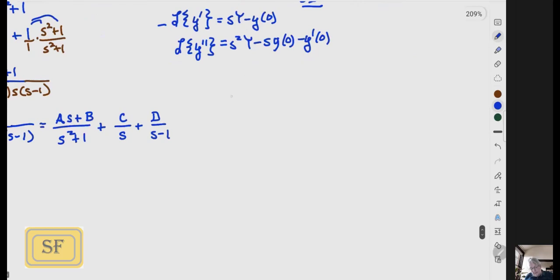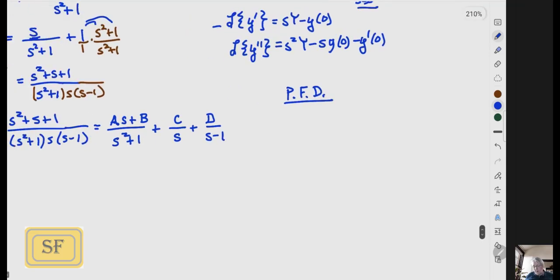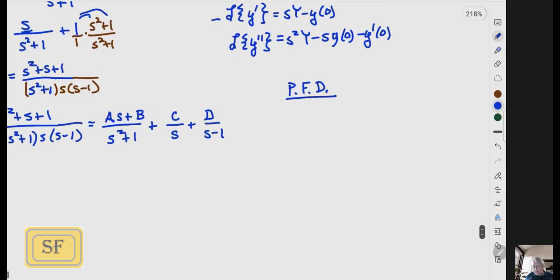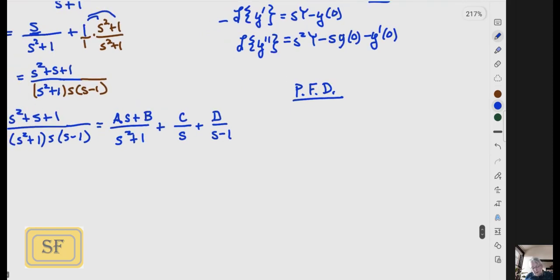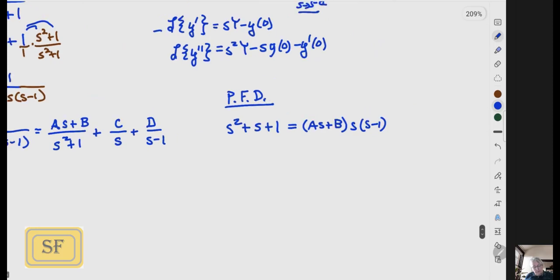On the right side, I'm going to have as plus b, and the s squared plus 1 I already have, so I need an s and an s minus 1. For that c term, I have an s. I need an s squared plus 1 and an s minus 1. So with my d term, I need an s squared plus 1 and an s factor.